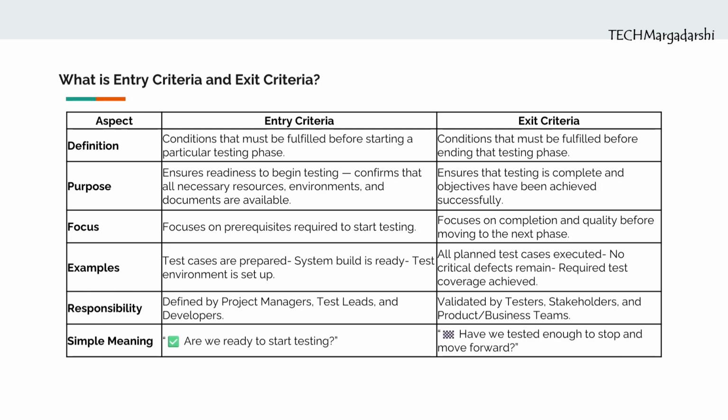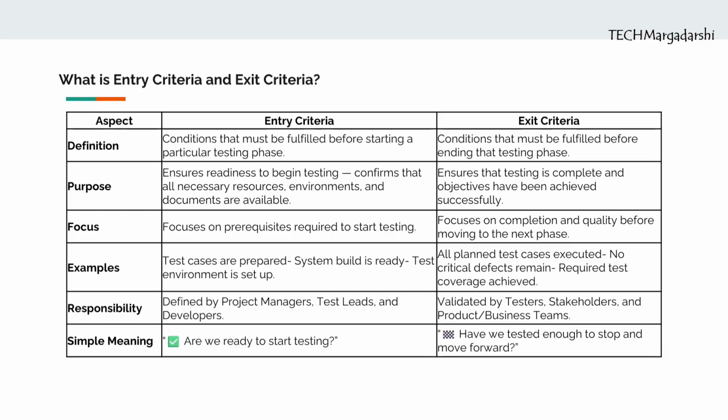Entry criteria ensure readiness to begin testing, confirming that all required resources, environments, and documents are in place. Exit criteria confirm that the testing has been successfully completed and objectives are met. Focus. Entry criteria focus on prerequisites for starting testing, while exit criteria focus on ensuring completion and quality before moving forward.